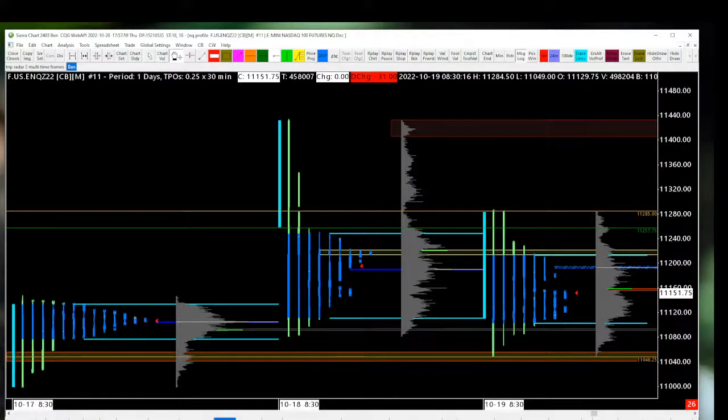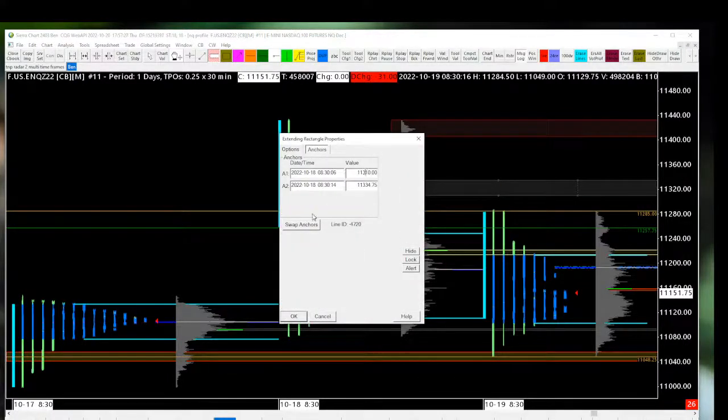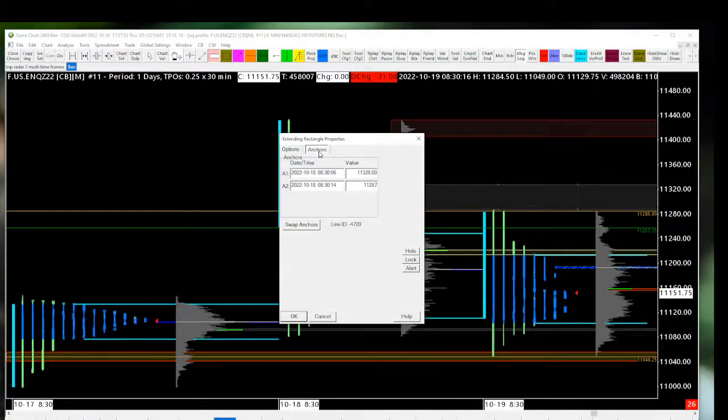So here it'd be 287 to 328. 287 to 328. Something like that.